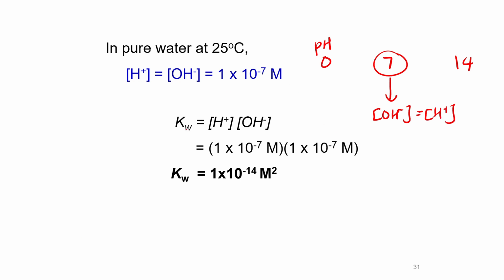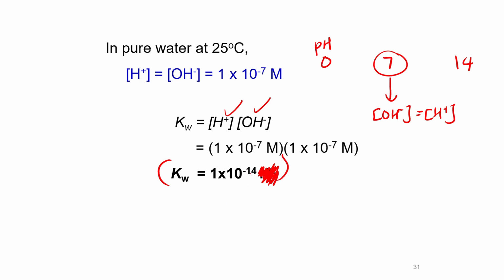Then to calculate Kw, we know Kw equals concentration H plus times concentration OH minus. So we multiply and get 1 exponent negative 14. Same goes with other equilibrium constants, Kw has no unit. So this is the value of Kw, 1 exponent negative 14 at 25 degrees Celsius.